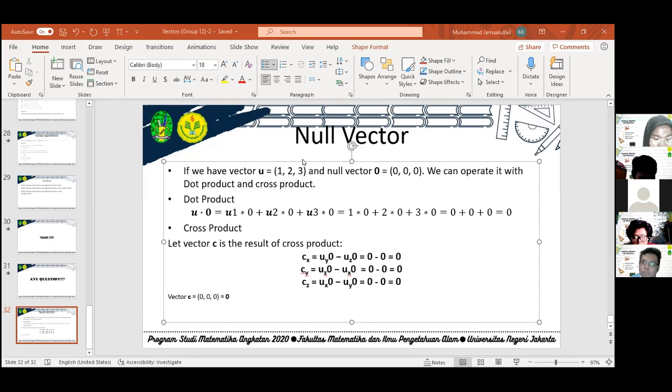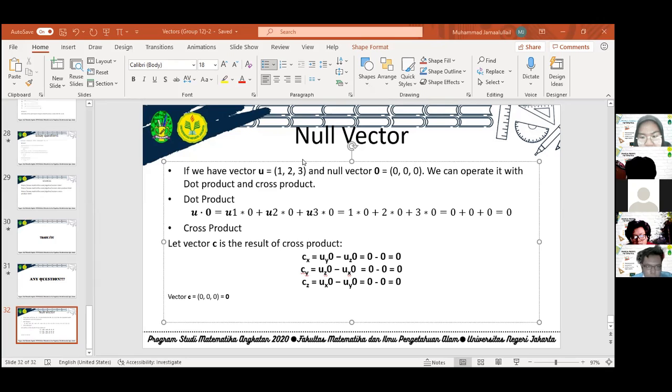It is said that the zero vector does not have a clear vector direction because this vector cannot be normalized. That is, there is no unit vector which is a multiple of the zero vector.